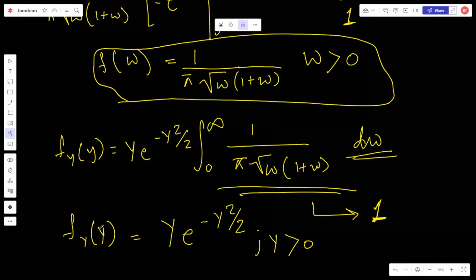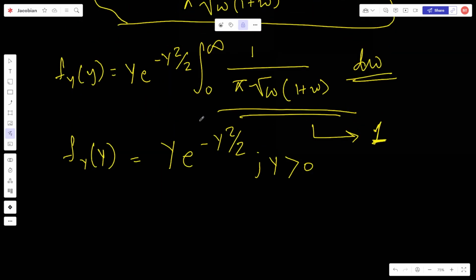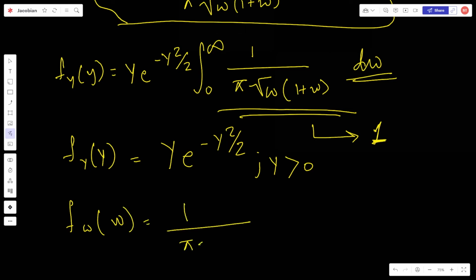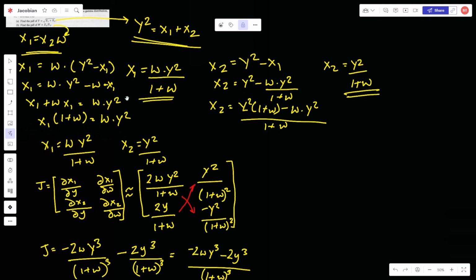So now that we know what our marginal for y is, and our marginal for w is 1 over pi root w times 1 plus w, valid for all w values greater than 0, let me give you a quick summary.